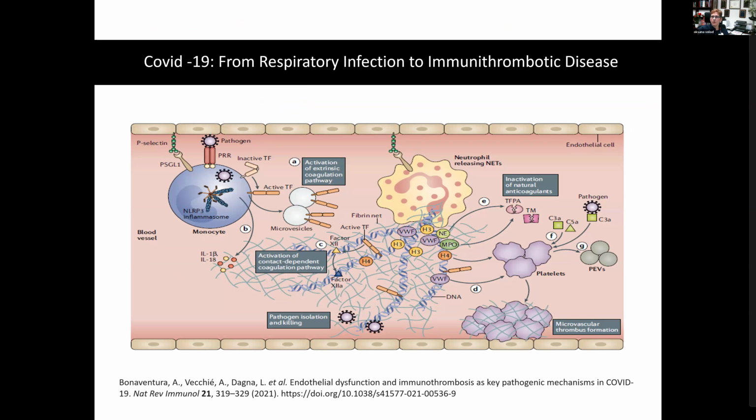So as you can see, immunothrombosis is now a concept that gets more widespread attention, but still, even with this picture, it is not clear what, in addition to pro-inflammatory cytokines, leads to this particular process, specifically in COVID patients.